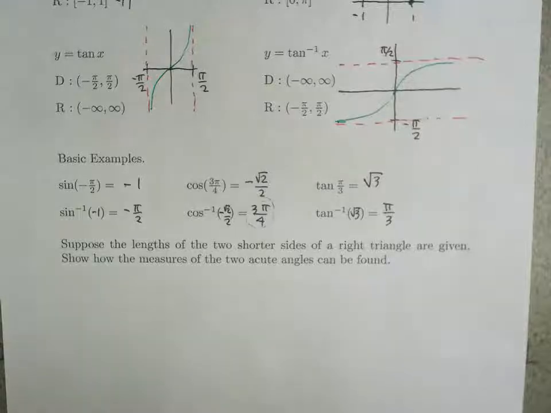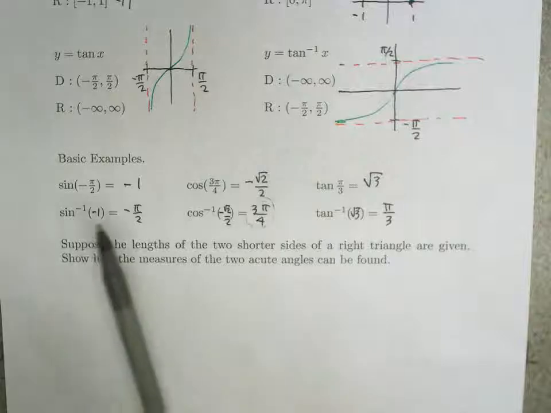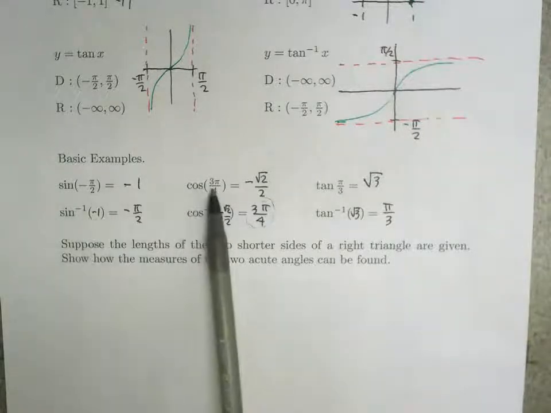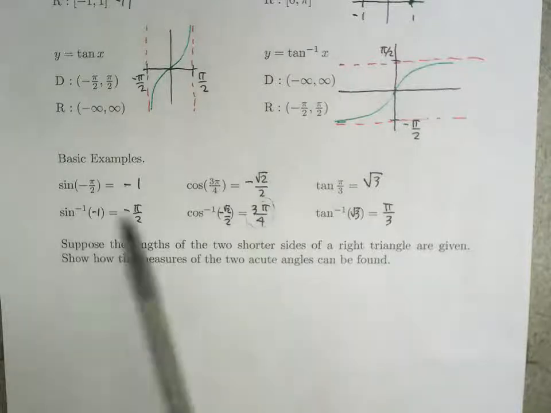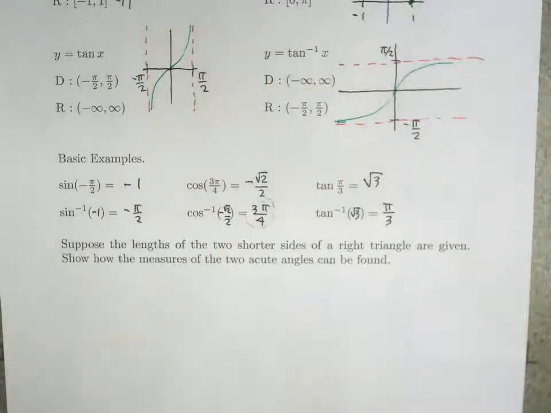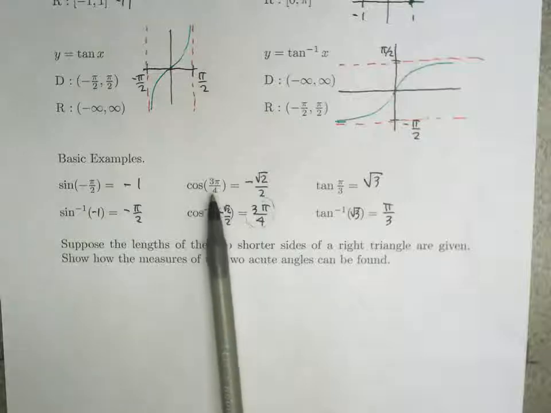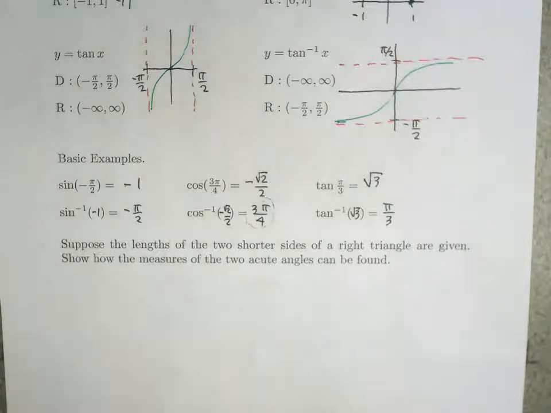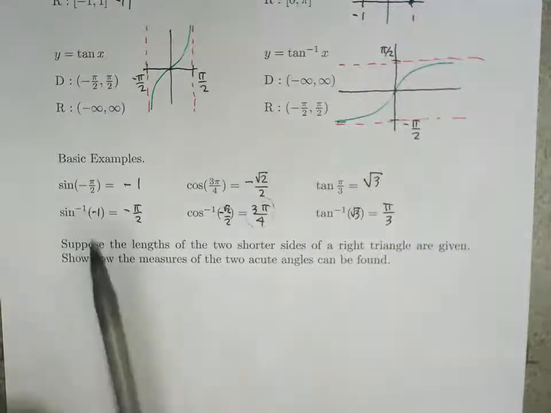Okay, it's possible to think this is, in general, easier than it really is. Each of the input values for sine, cosine, and tangent were values that are in the ranges of their corresponding inverse functions.